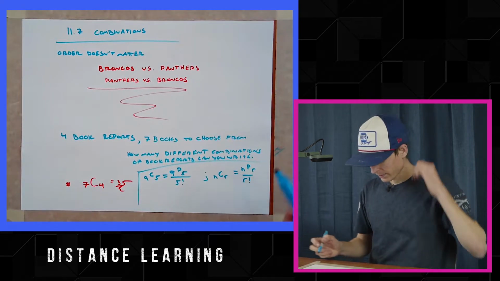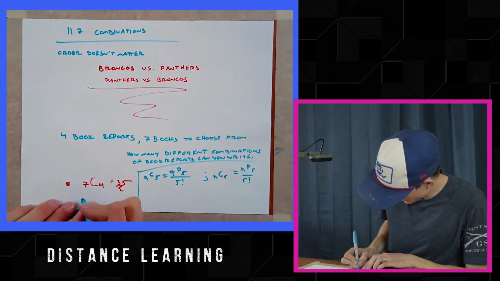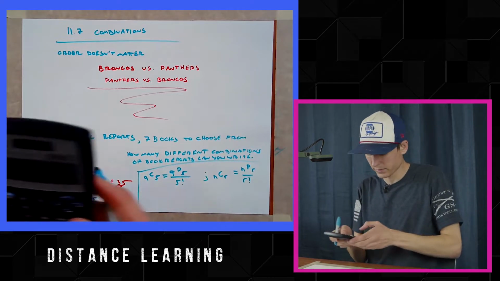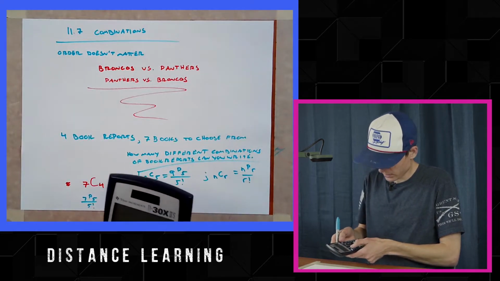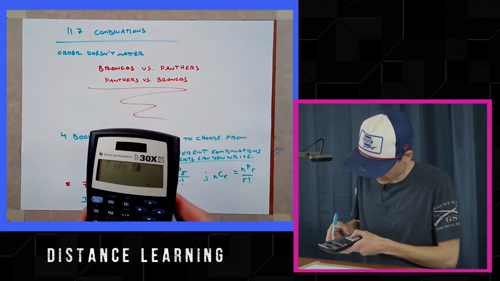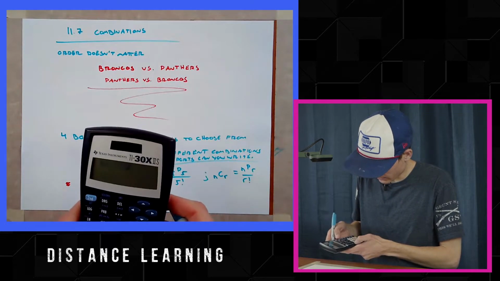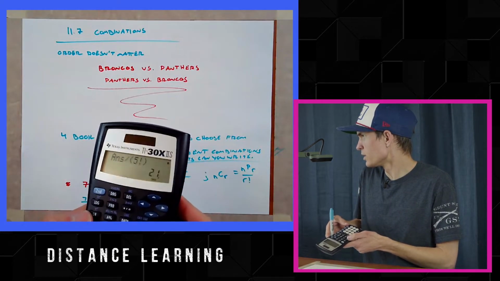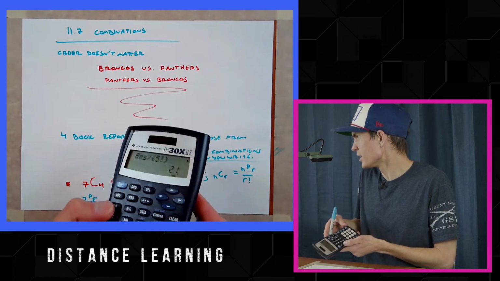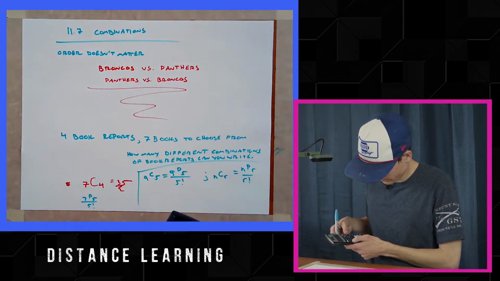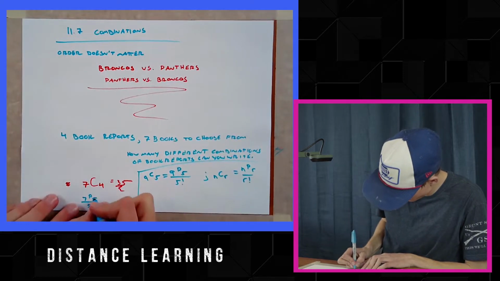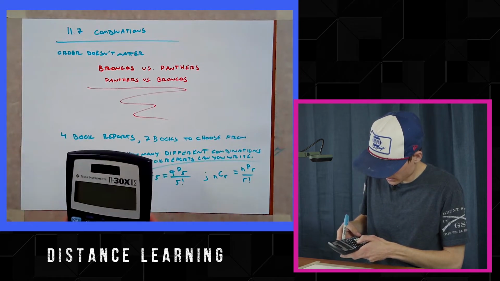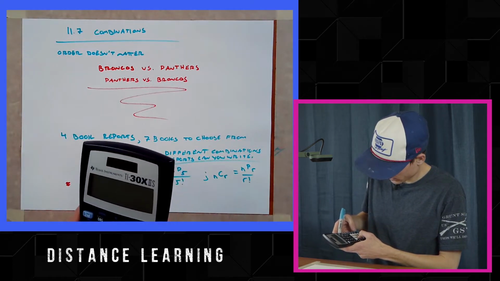So if I did, for example, 7P5 over 5 factorial, 7P5 divided by 5 factorial. What's that, 21? Oh, why did I say 5? 4. 7C4.